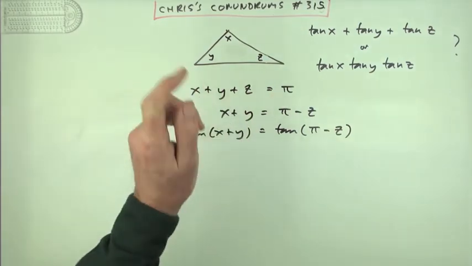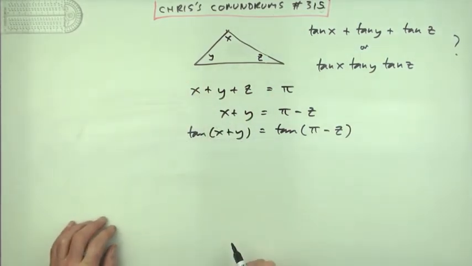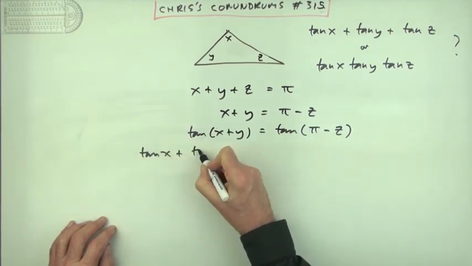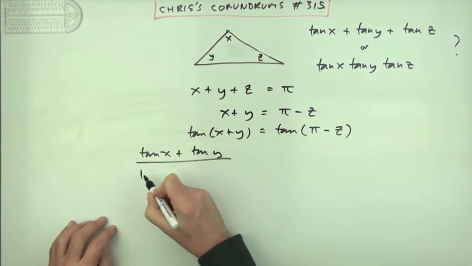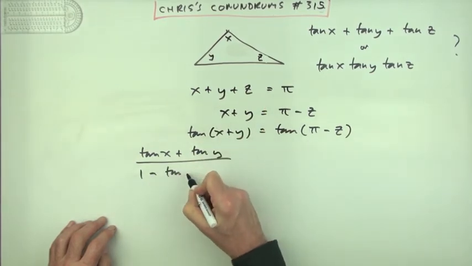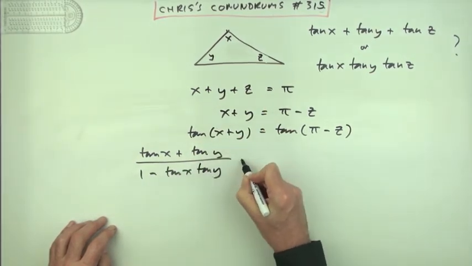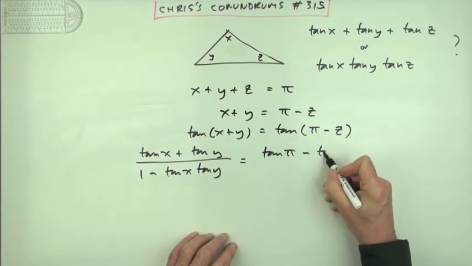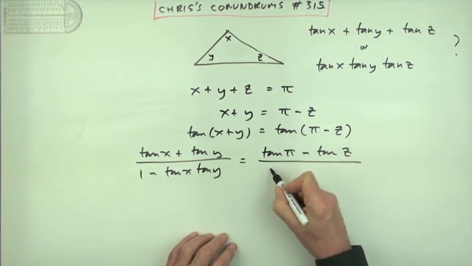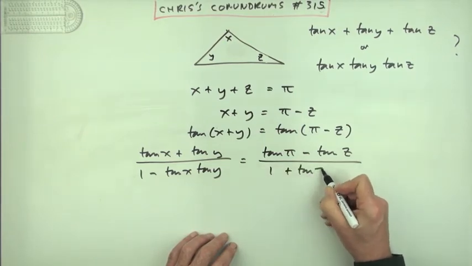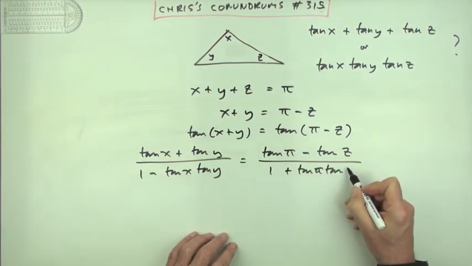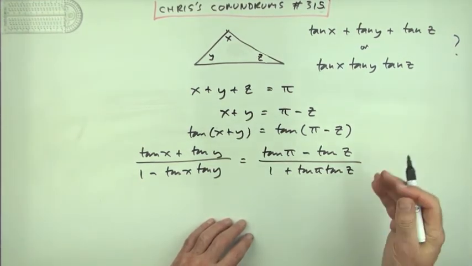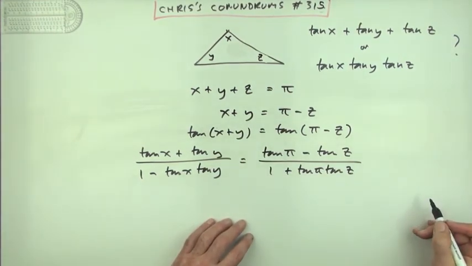Let's use those identities then. What is the tan of x plus y? Well, that's tan x plus tan y over 1 minus tan x tan y. What's this? That's tan pi minus tan z over 1 plus tan pi tan z. So what's tan pi anyway, apart from being some place in the Far East, I presume?